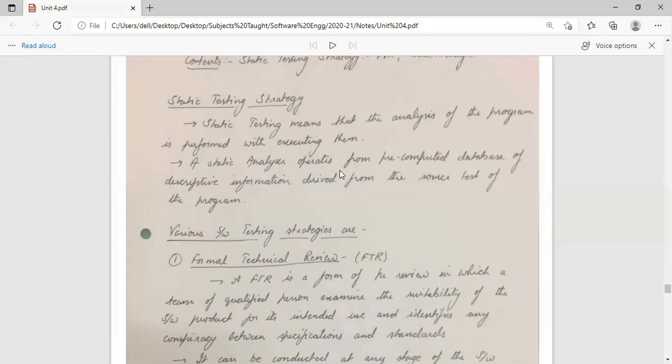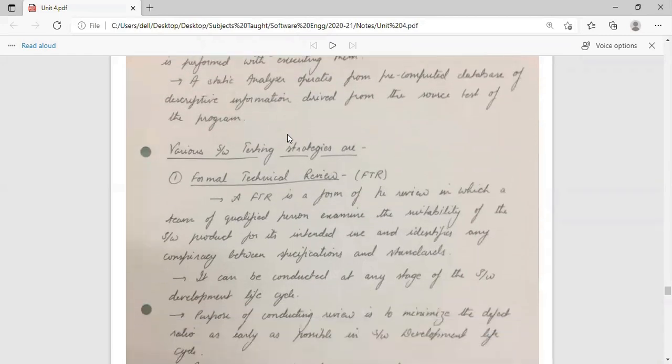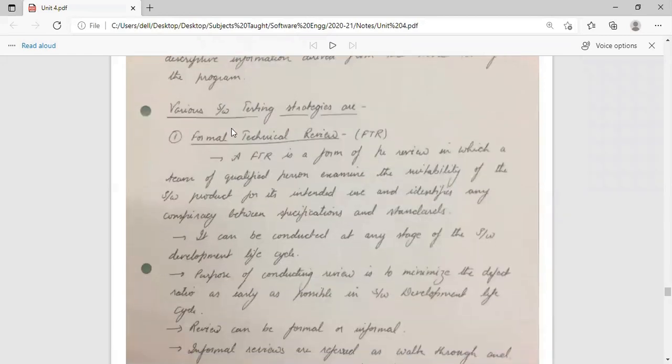A static analyzer operates from a pre-computed database of descriptive information derived from the text of the program.